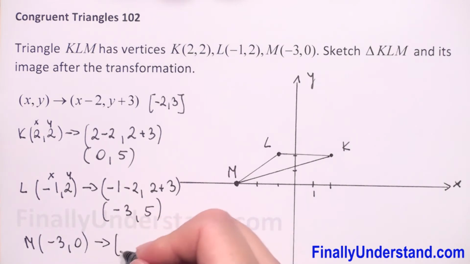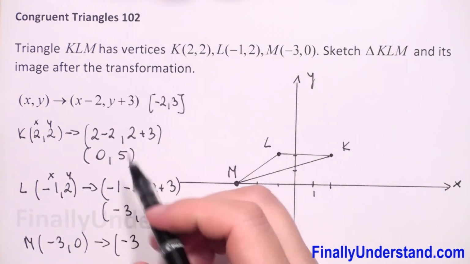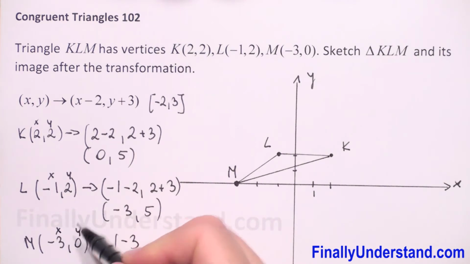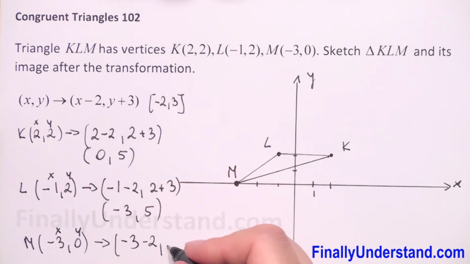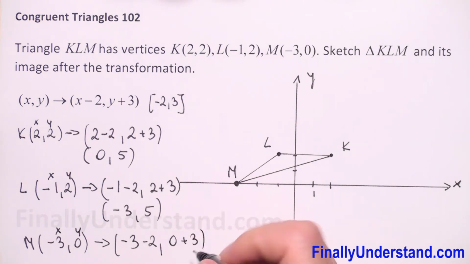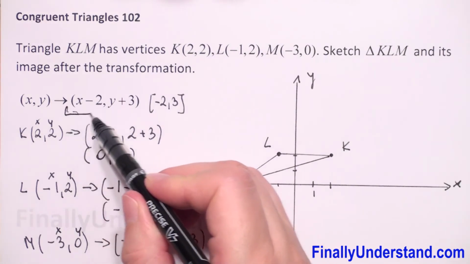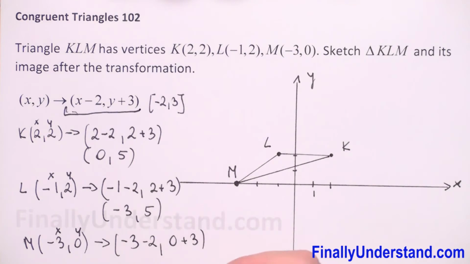So now we will have -3, this is our x, this is our y. -3 minus 2, and we have 0 plus 3. We just use this notation. I just substitute x and y by given coordinates. So we have -5, 3.